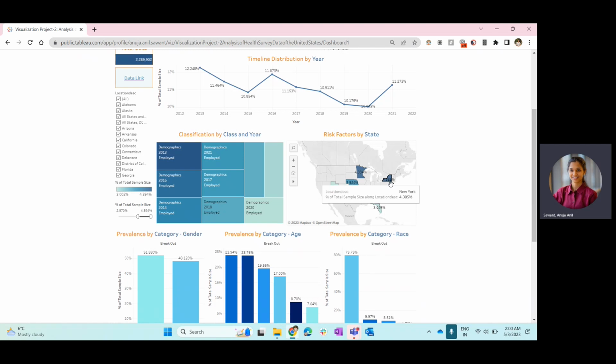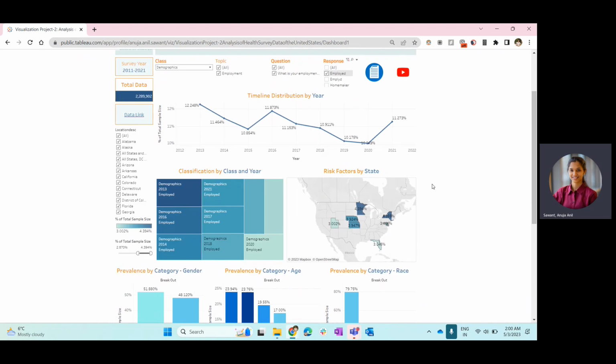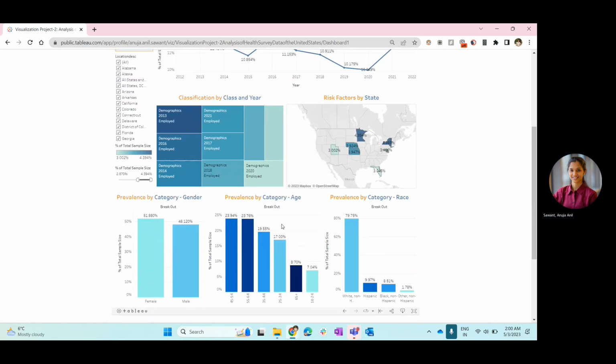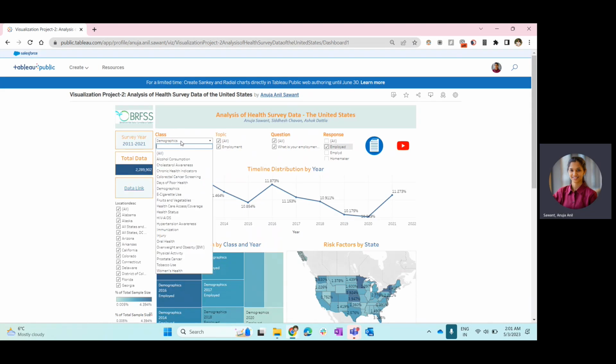They have the highest employed people. That's why they must be having binge drinking or high alcohol consumption. And we can see for the category, the highest employed age group is around 45 to 64. Similarly, we can check different factors in this class and find out different insights.